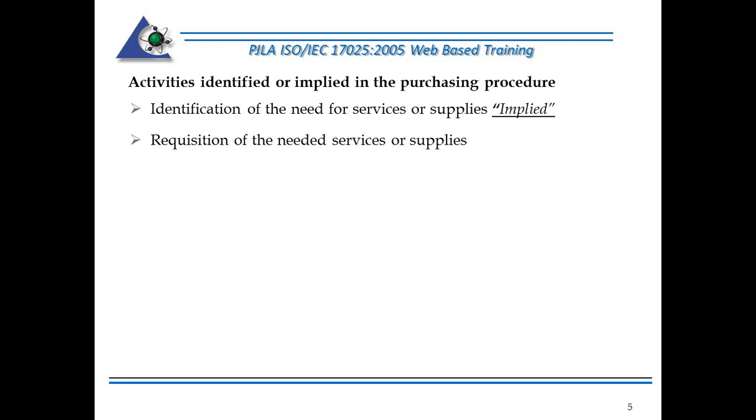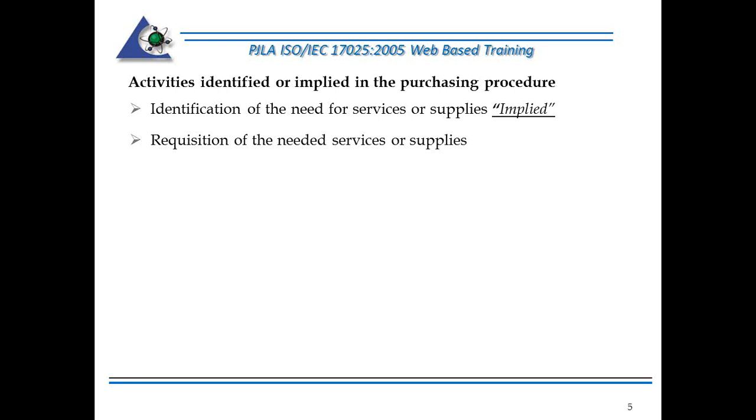So he would bring that to someone's attention, or the laboratory would have a process by which he would make known the fact that the need existed to obtain the reference materials.